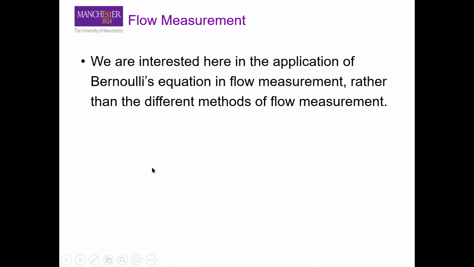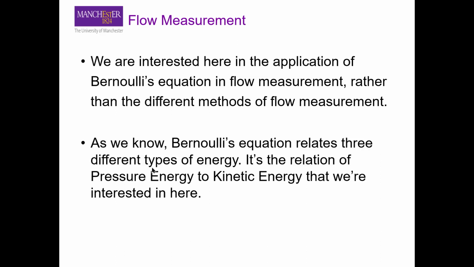As I said, we are only going to look at flow measurement devices that are based on Bernoulli's equation. We are not going to talk about all the possible methods that we can use for flow measurement. When we say flow measurement devices based on Bernoulli's principle, the idea is that when a fluid is moving in a pipe or in a system, and the fluid accelerates or decelerates, it means that it changes in velocity, and that change in velocity causes a change in pressure.